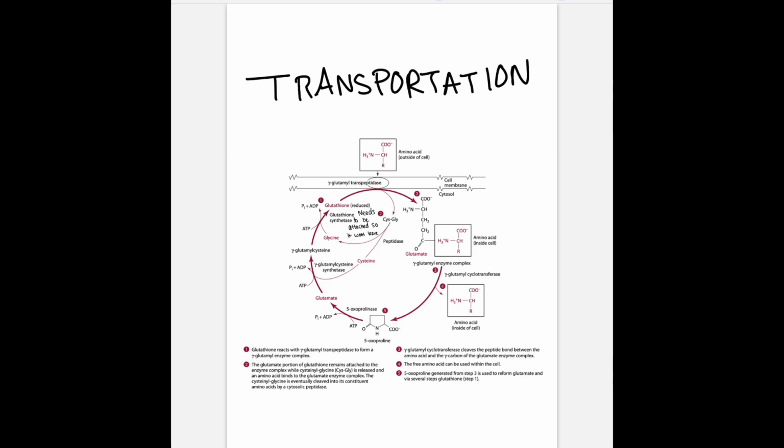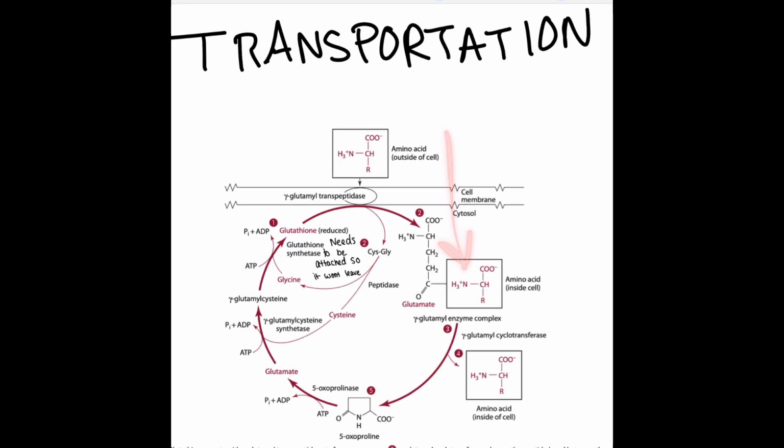So the first thing we want to talk about is the transport of amino acids. If we digest an amino acid, we need to bring that into our cell to be used. That's why we eat amino acids. They're going to be building blocks for other things in our body. But there's an important step that needs to happen. If I just bring this amino acid into the cell, there's nothing stopping it from going out of the cell.